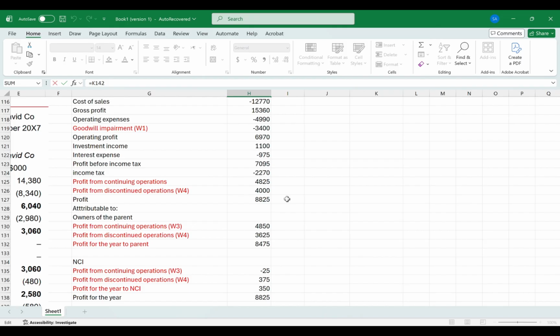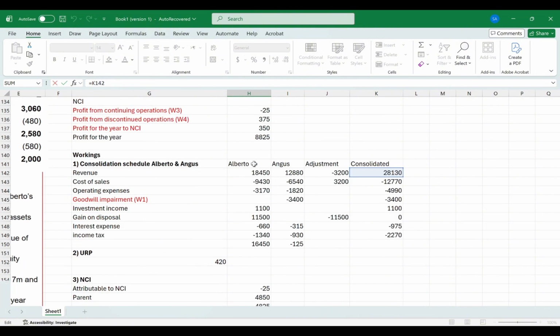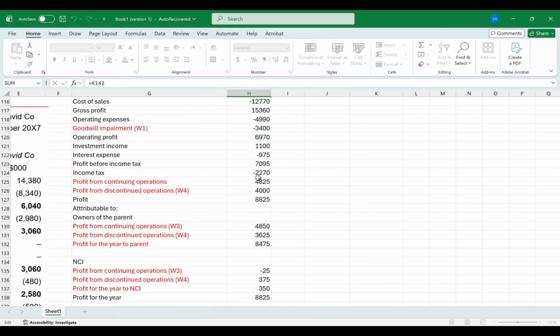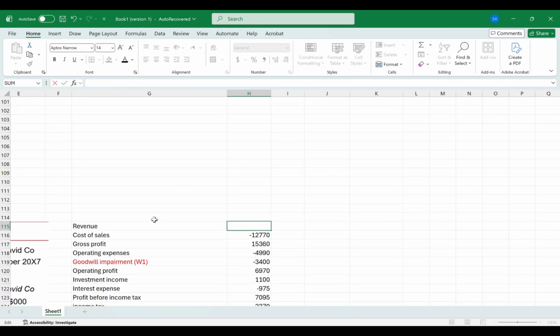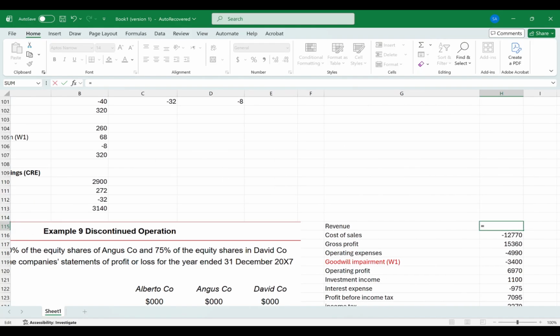I do not need this here because there are no intergroup transactions or any adjustment like this. Straight away I will just be adding the two figures.